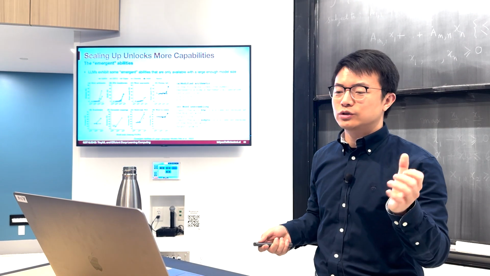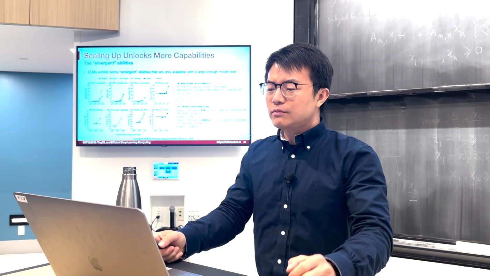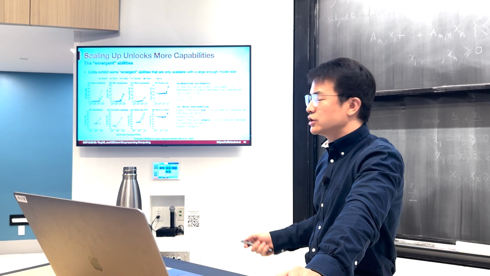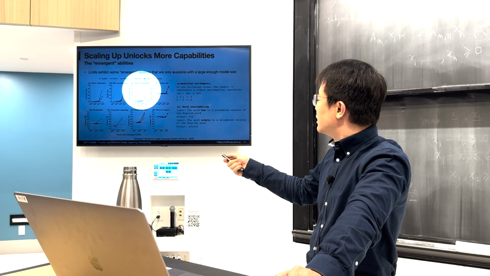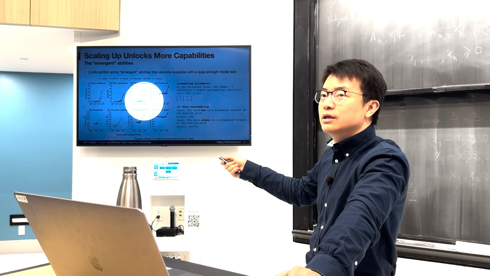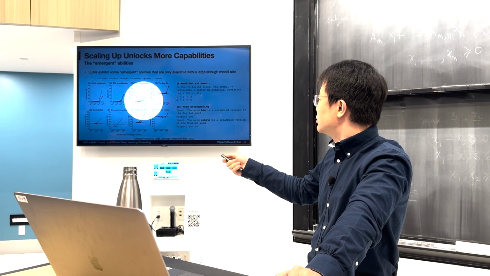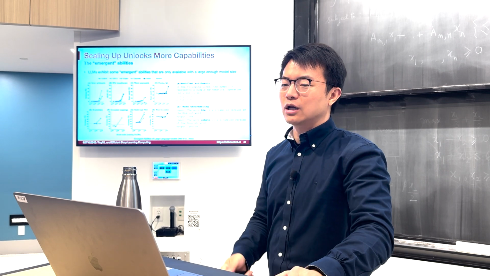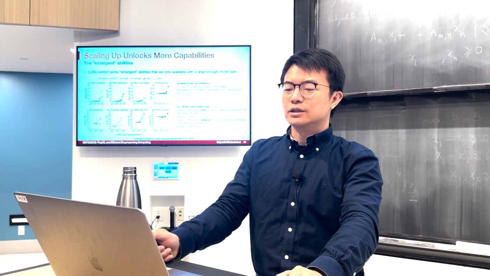Just reshuffle the order of the letters and try to decipher what the original word is. So that's word unscramble, and the ability doesn't appear until the trillion FLOPs exceed a certain threshold. That's why we need large language models, due to those emergent abilities.